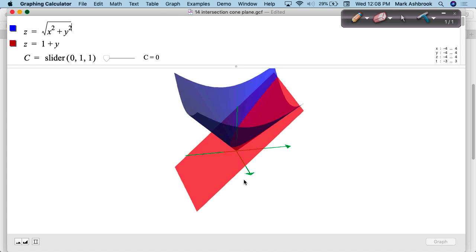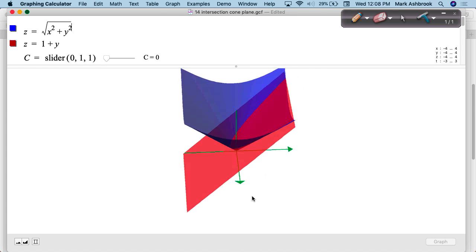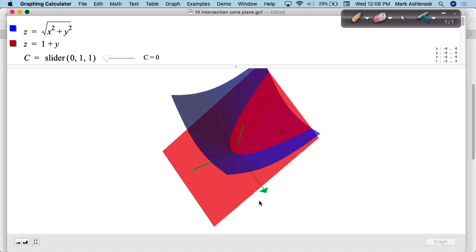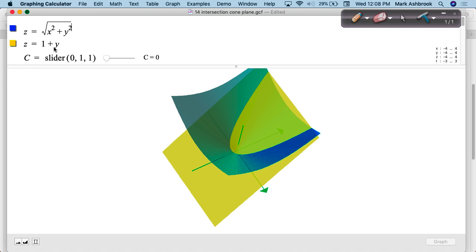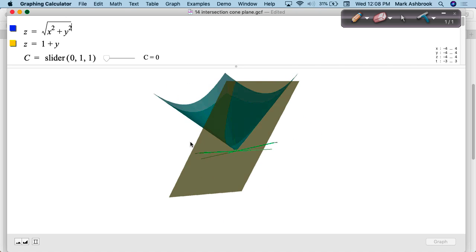So are we going to use cosine and sine then? I'm not going to use cosine and sine, because our intersection isn't a circle or ellipse.